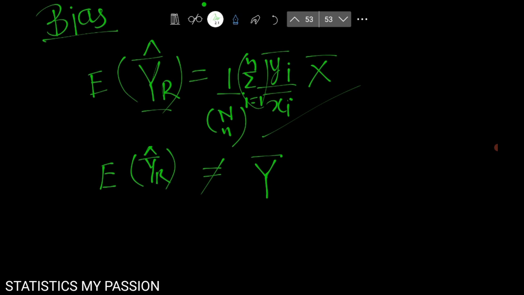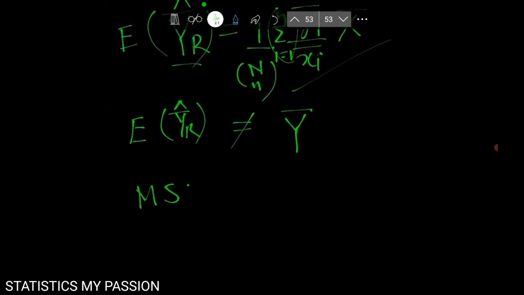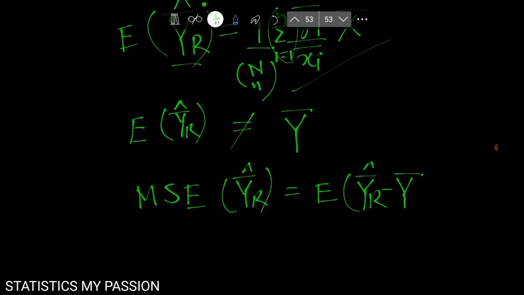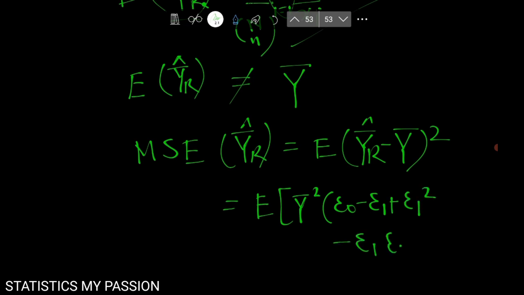So in short, MSE is equal to the expectation of y r cap minus y bar, whole square, which is equal to E of y bar square times epsilon 0 minus epsilon 1 plus epsilon 1 square minus epsilon 1 epsilon 0 plus, whole square.